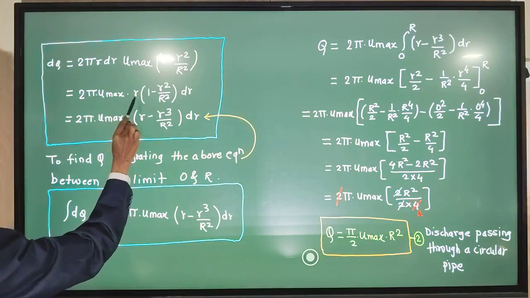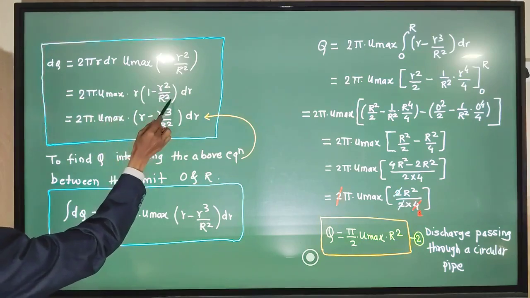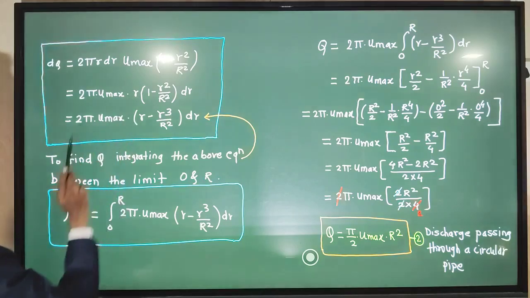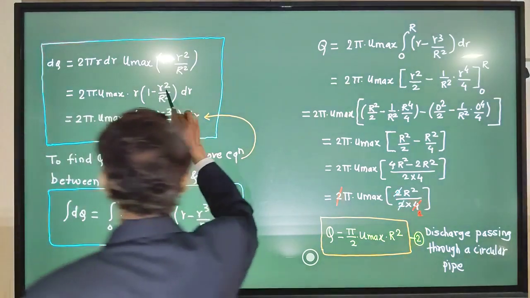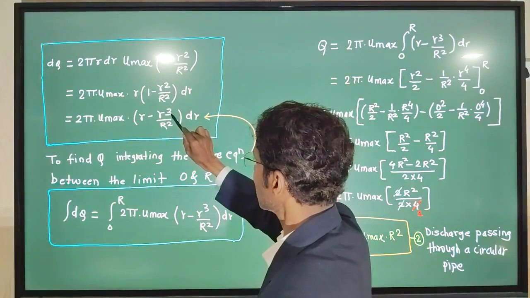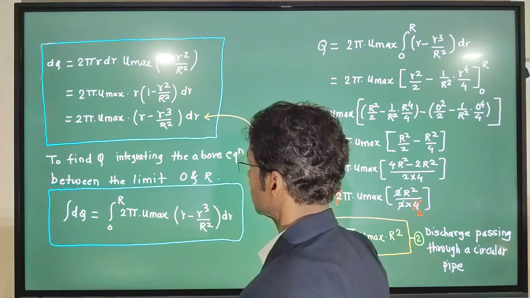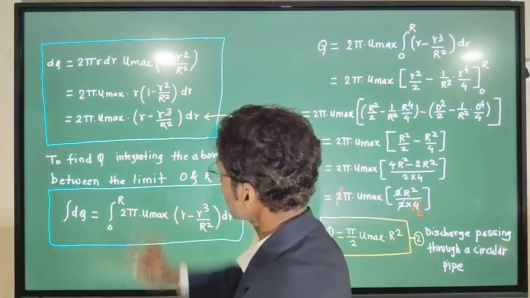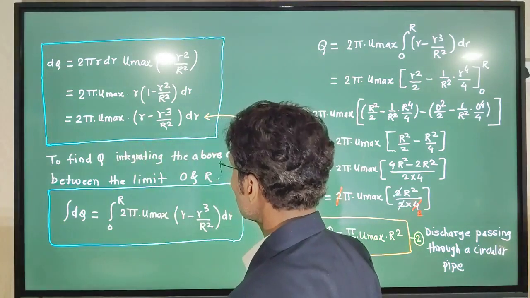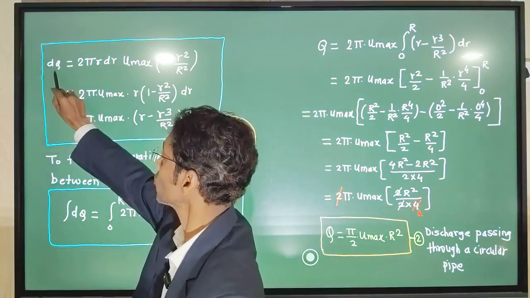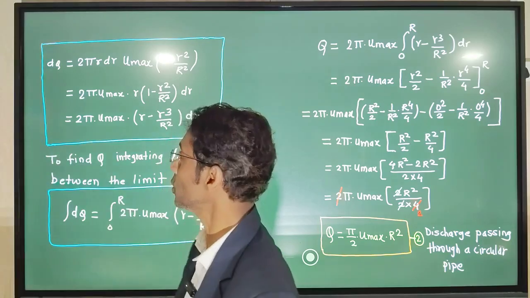Now multiplying r with the terms inside the bracket, that is r into 1, and r into small r square, that is r cube divided by capital R square, bracket complete. The remaining terms are written as they are. This is the expression for the small discharge passing through the elementary ring, that is dq.